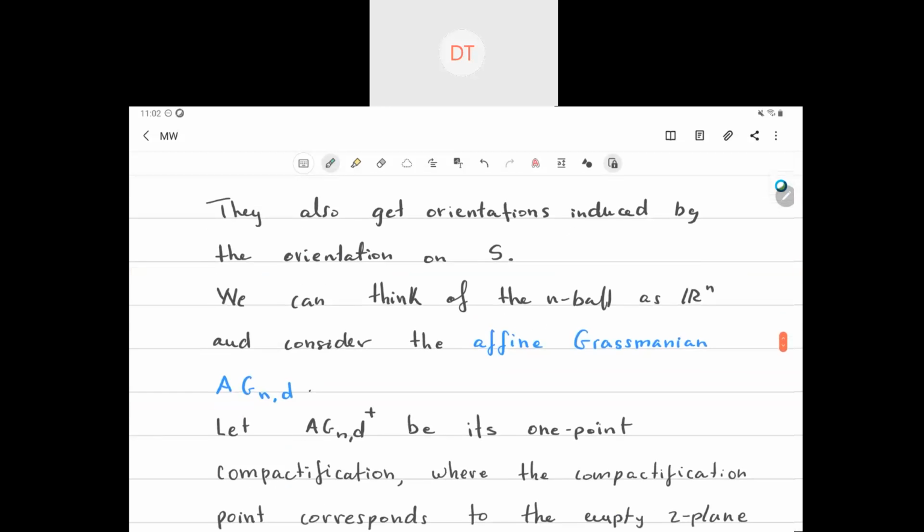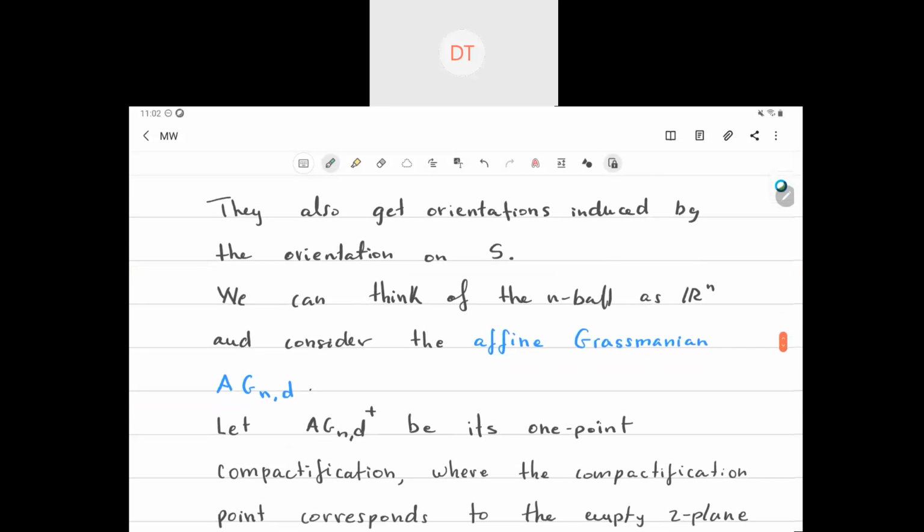So we're thinking of planes in an N ball, but we can replace that N ball, or think of it, as Rn.